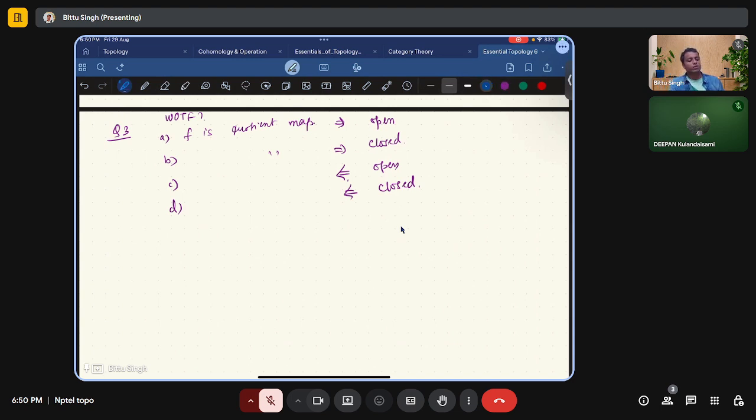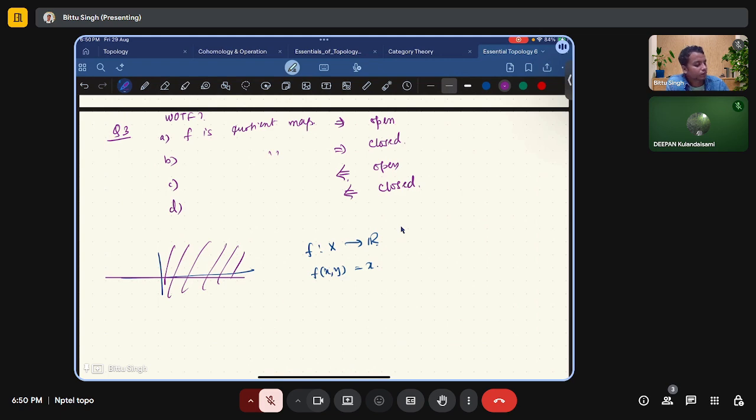So we constructed a counterexample for question 1. The same example, the same map. Recall that map F from X to R, given by the projection F of (x, y) equal to x, where X is this domain union the x-axis.